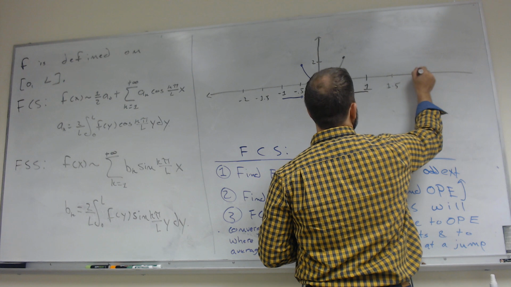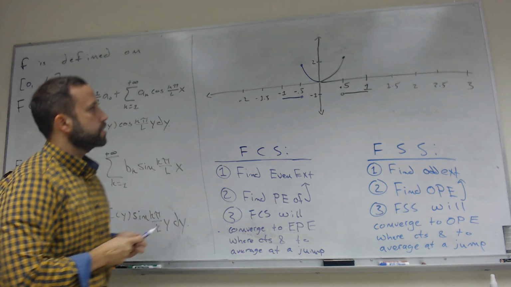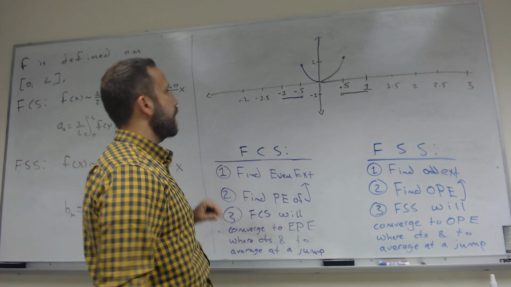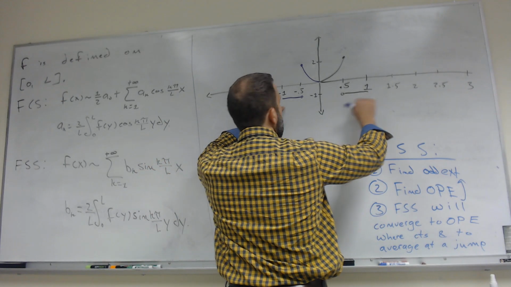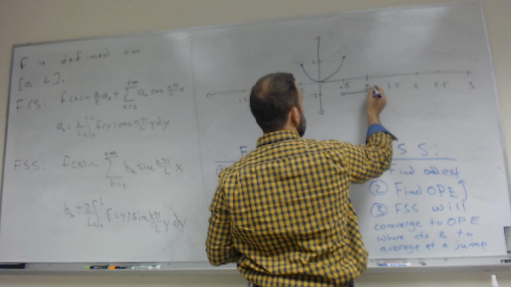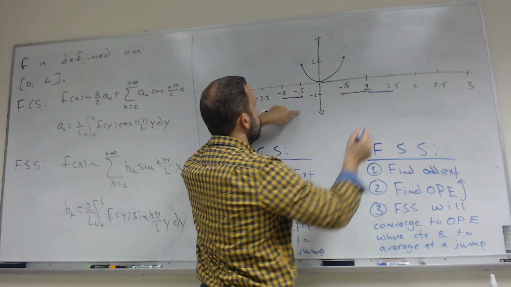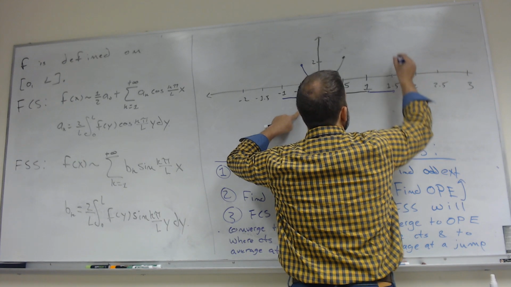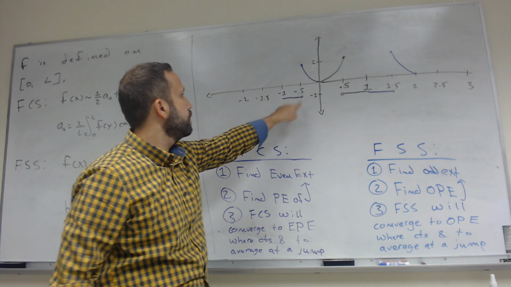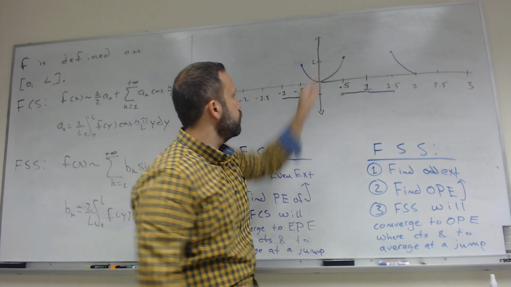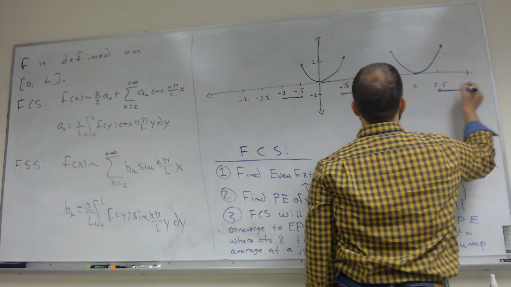So this is 1.5, this is 2, this is 2.5, and this is 3. Okay, so to see what it's going to look like from 1 to 3, I'm just going to copy and paste this graph and hopefully do it properly. So from 1 to 1.5, it's going to be this part. Then from 1.5 to 2, so open there, it's going to be this sort of parabola-looking part. Then from 2 to 2.5, it'll be the other part of the parabola. And then from 2.5 to 3, it'll be like this.